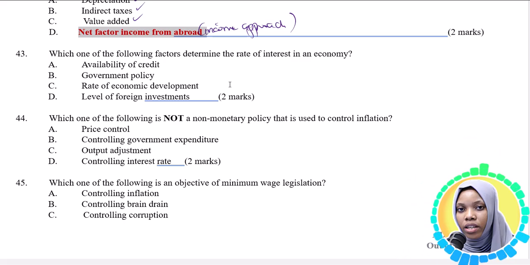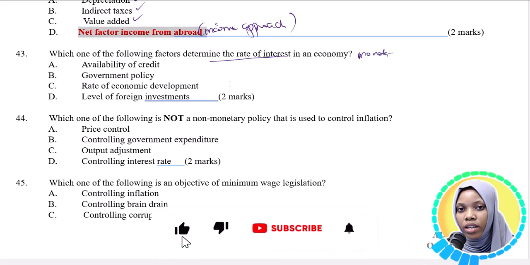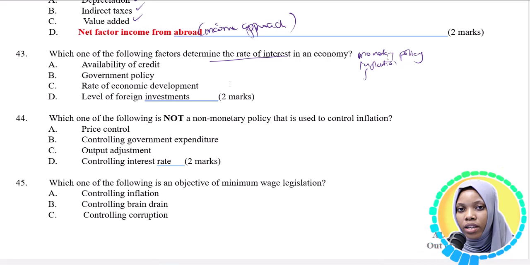So the factors that determine the rate of interest are the monetary policy, inflation, the fiscal policy, the supply and demand of money, to mention but a few. And these are factors that determine the rate of interest in an economy.